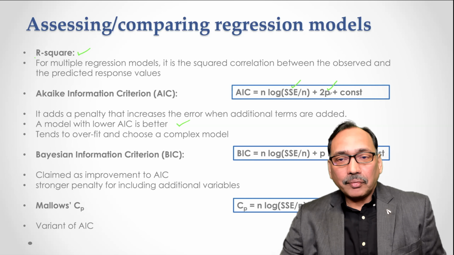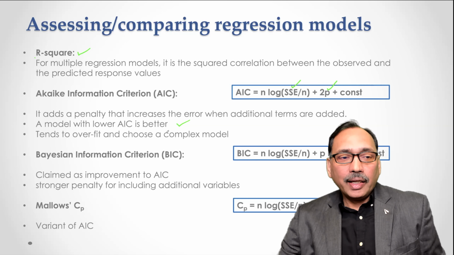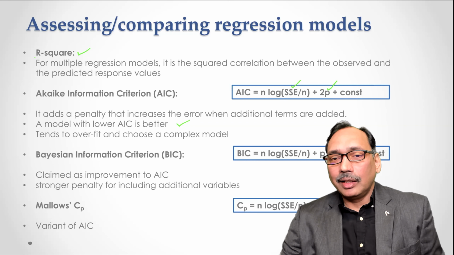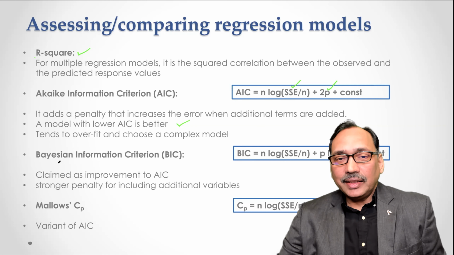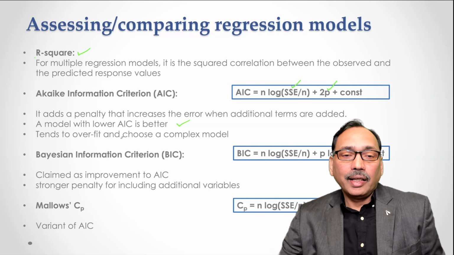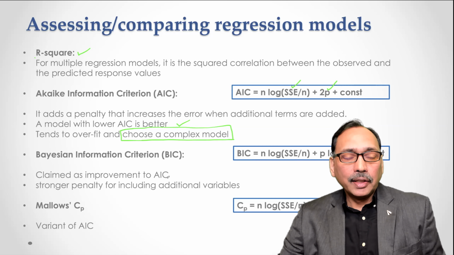Now, if your P increases, instead of 2, if you are using 5 predictors, your AIC value is going to go up. So it has a penalty for adding more and more variables. Basically it is trying to say that a less complex model is generally going to be better. But then this formula tends to overfit and ends up choosing a slightly more complex model compared to some other methods.